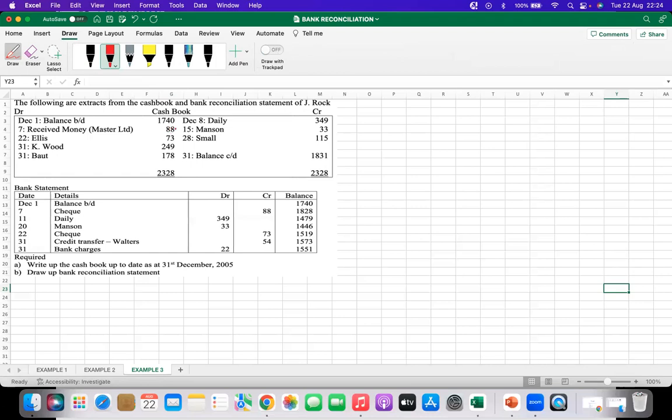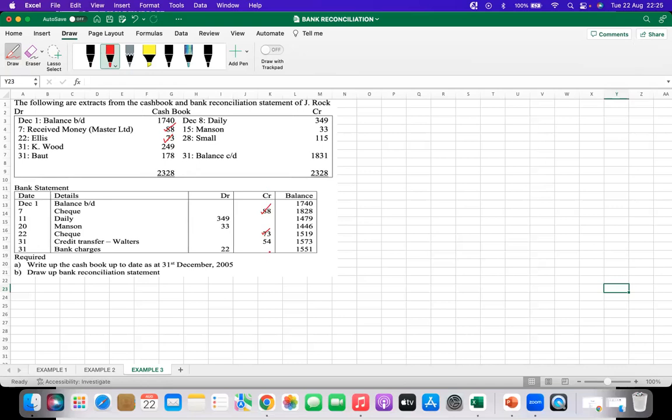On the debit side of the cash book, 88 appears on the debit side and it also appears on the credit side, so we don't need to correct it. 73 appears on the debit side of the cash book and also on the credit side of the bank statement. 249 appears on the debit side but not in the cash book. 178 appears on the debit side of the cash book but not on the credit side of the bank statement.